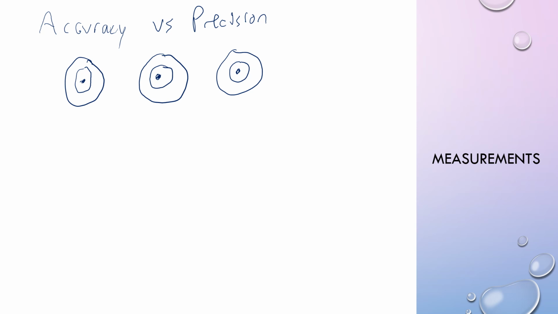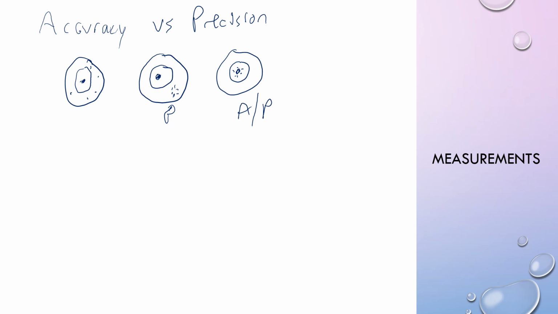And you could have a bunch of measurements that are nowhere near the center and they're spread out a lot. That would not be accurate or precise. You could have a very high precision, so they're a very tight grouping, but not near the center. That would be precise, but not accurate. And you could also have a very tight grouping very close to the center, and that would be both accurate and precise.